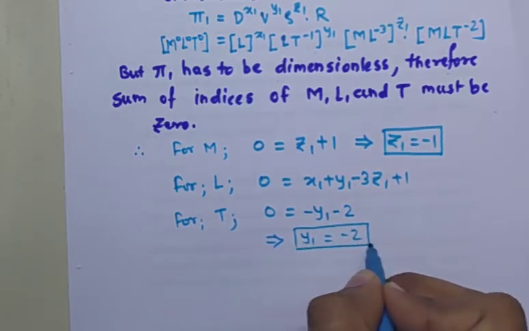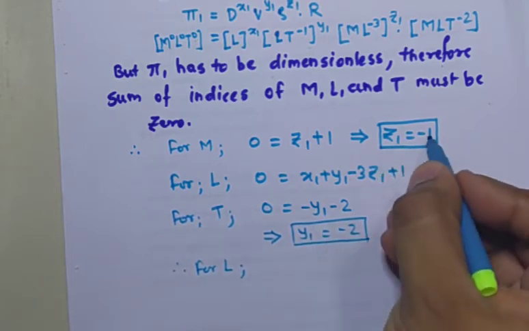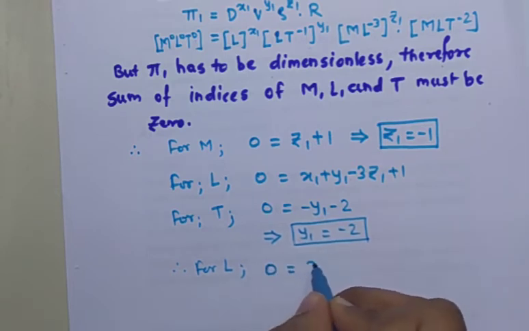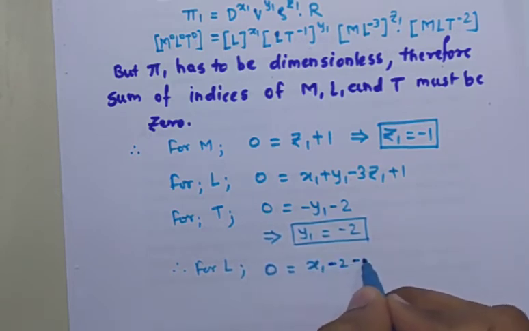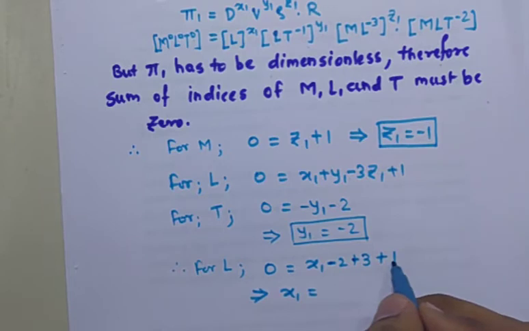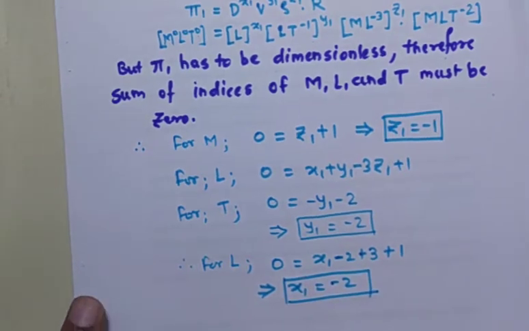So for L, put z1 is equal to -1 and y1 is equal to -2 in this equation. So it is equal to x1 minus 2 plus 3 plus 1. So this implies that x1 is equal to -2.